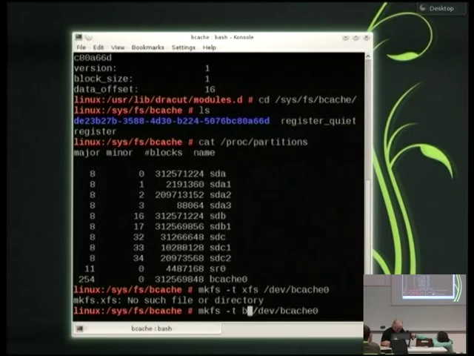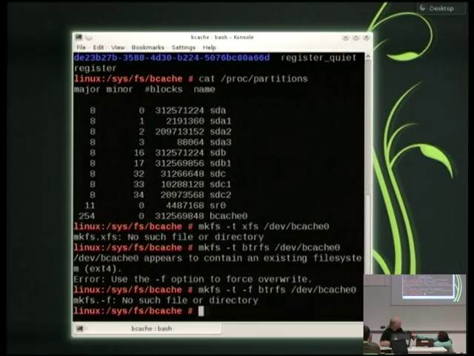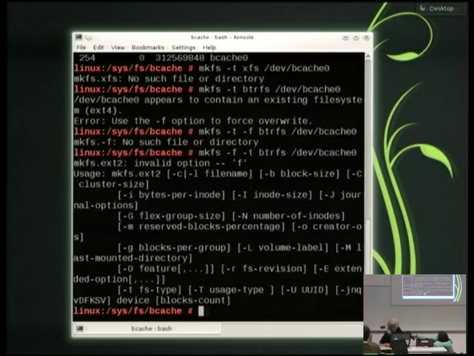I hope I have those tools. This should be ButterFS.